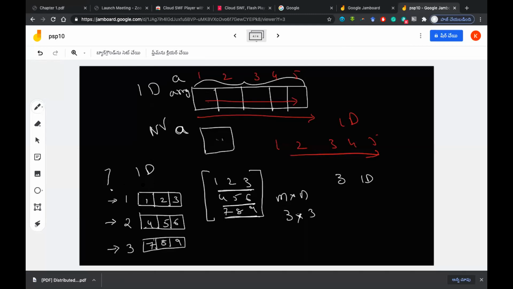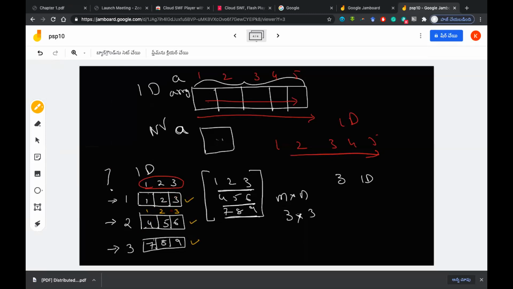Now, can you tell me what the indexes of 1 to 3 are? 1, 2, 3 are the indexes. What are the indexes of 4, 5, 6? 1, 2, 3 only, sir. Yes, because I said that these are individual 1D arrays.